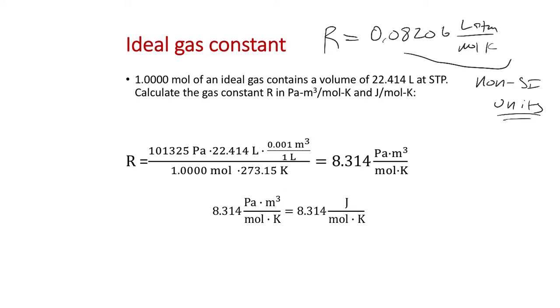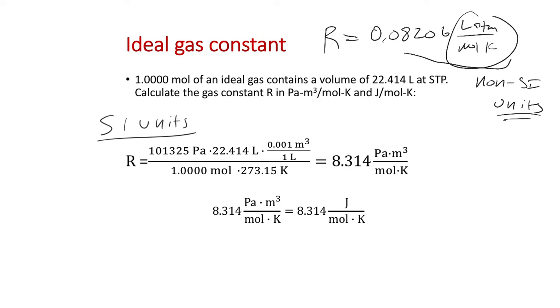You might think, okay, let's try to use R, but in SI units. And so let's try to plug everything in for derivation of R in SI units. If you recall, we got the liter atmosphere per mole Kelvin by taking 1 mole of a gas at STP, so at 0 degrees C, 273.15 Kelvin, at 1 atm, and that was the volume of 1 mole of gas.